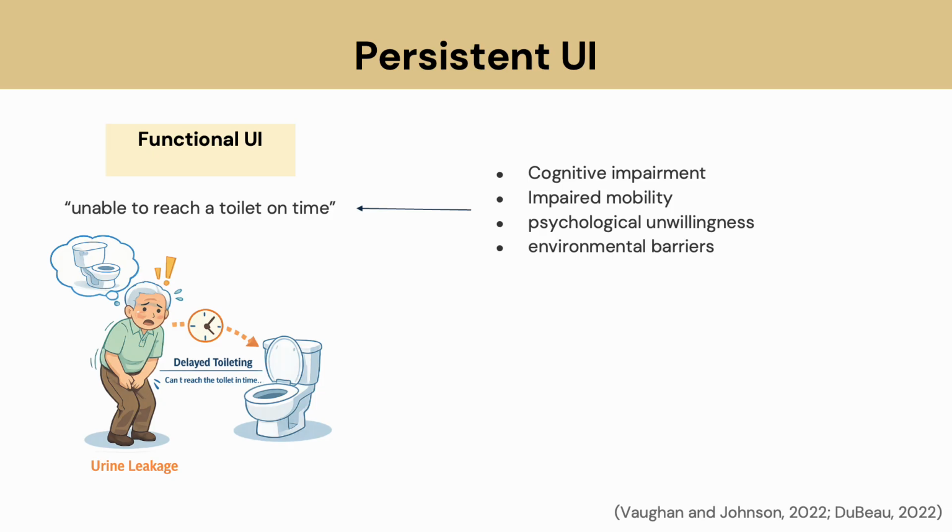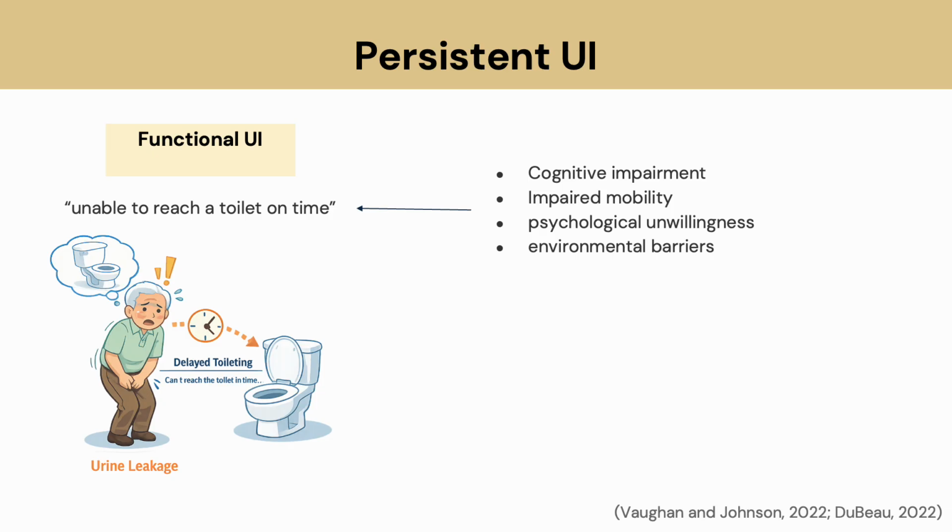This should remind you of the continence model we discussed earlier. Continence depends not only on a normal lower urinary tract, but also on intact cognition, adequate mobility, and an appropriate environment. When any of these factors are impaired, functional UI can occur even though the bladder itself is normal.